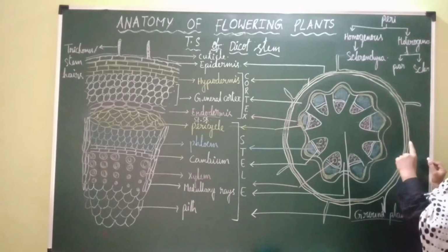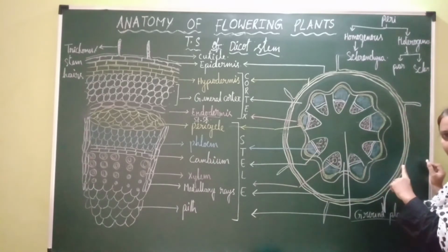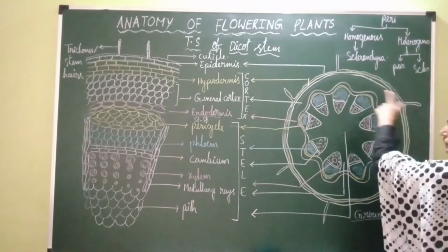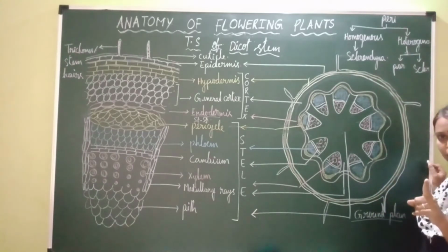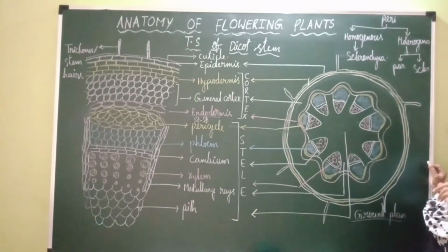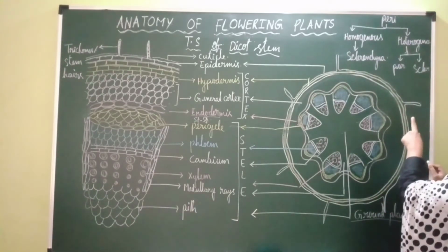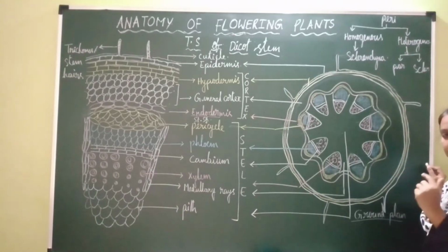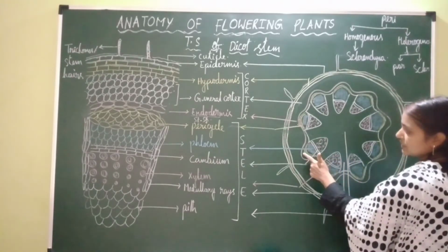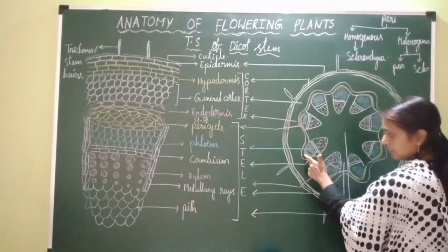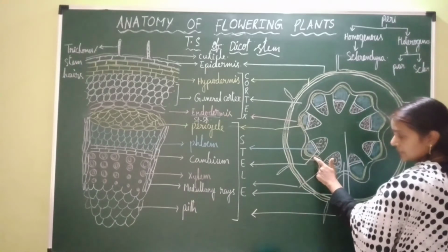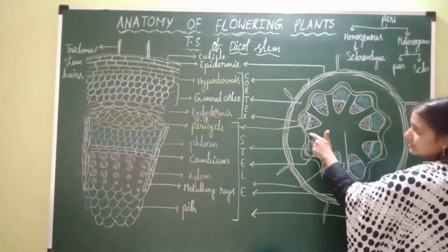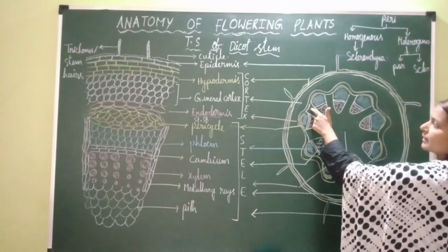So pericycle can be either homogeneous or heterogeneous. If it is homogeneous, the entire pericycle is made of only one type of tissue, sclerenchymatous tissue. If it is heterogeneous, it is made up of two types of tissues, sclerenchymatous and parenchymatous. The part above the vascular bundles is sclerenchymatous, in between is parenchymatous, and again sclerenchymatous, parenchymatous.